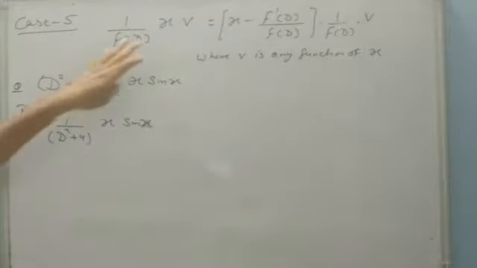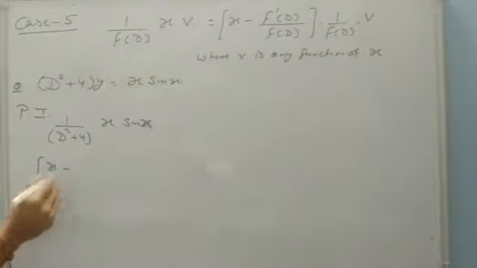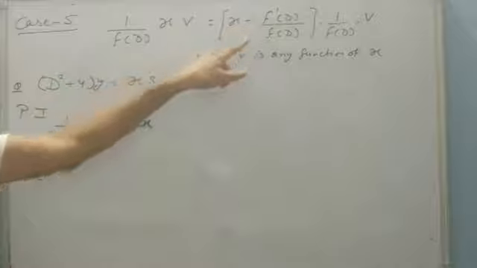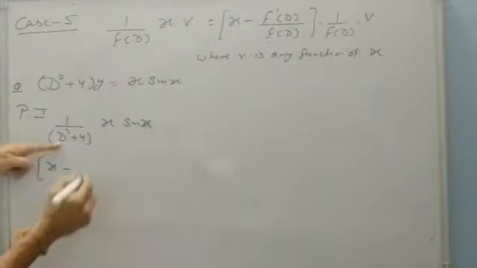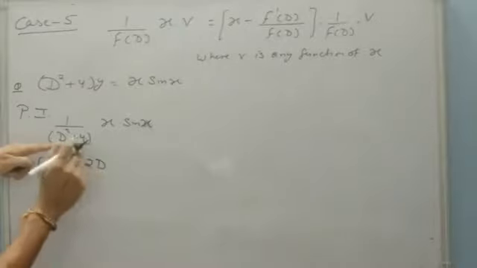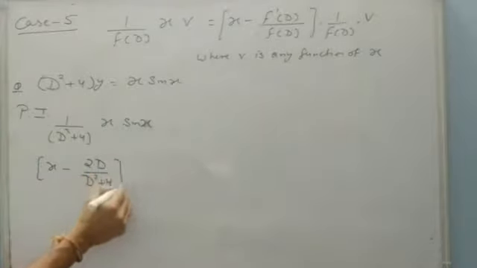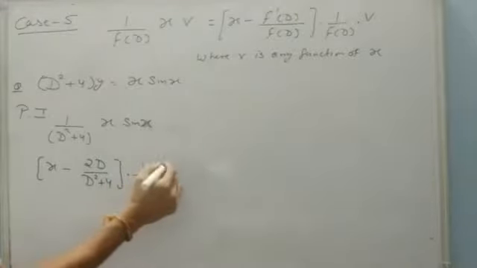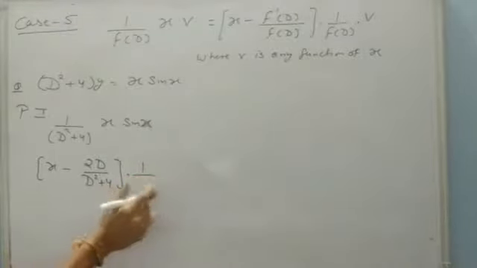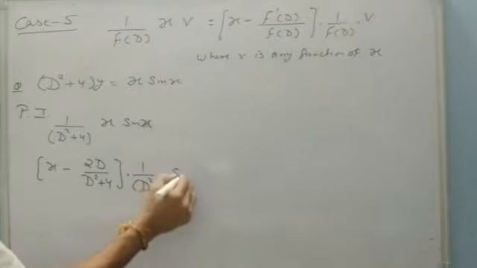Again, by using this formula, I can say it can become x minus derivative of f of d. f of d is this one. The derivative of this will be 2d plus 0, whatever it is, upon f of d as it is, d square plus 4 as it is, into 1 upon f of d of v. v is sin x and f of d is d square plus 4 of sin x.